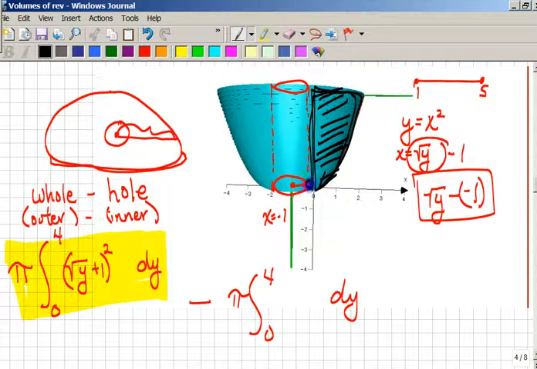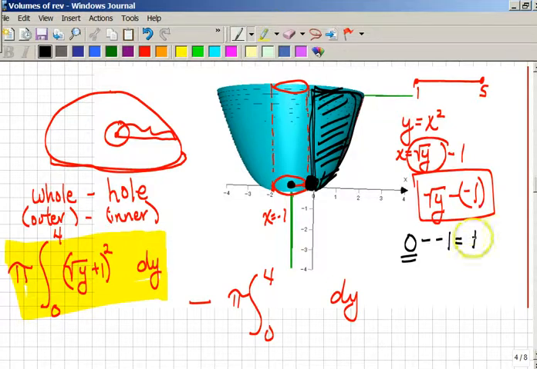So the right point of the hole is where the side of the original shape was, and that was located at x equals 0. So the rightmost point is 0. The left point of the radius is on the line which we revolved it around, which was x equals -1. So the radius is the right 0 subtract the left -1, which is equal to 1.